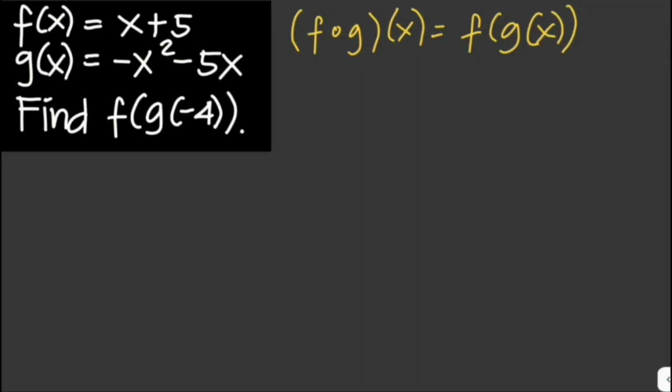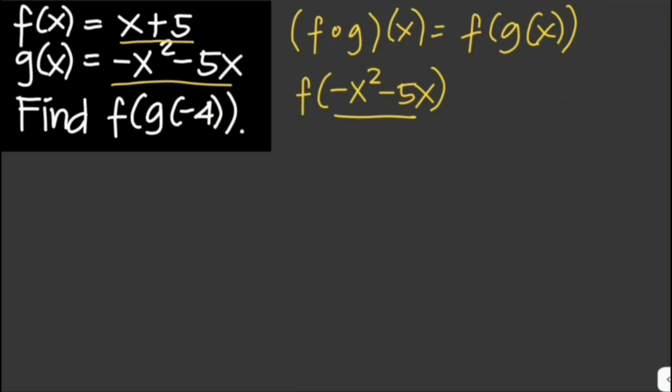Okay, so that would be f of negative x squared minus 5x, because our g of x here is negative x squared minus 5x. Then we substitute this value to the f function.